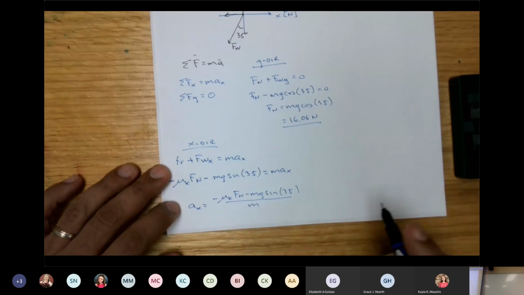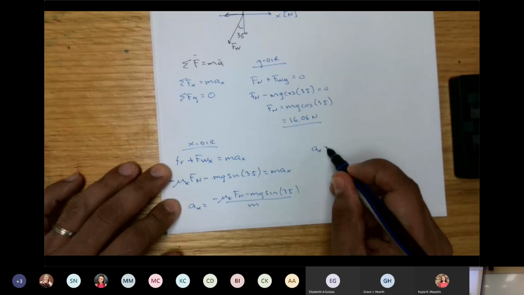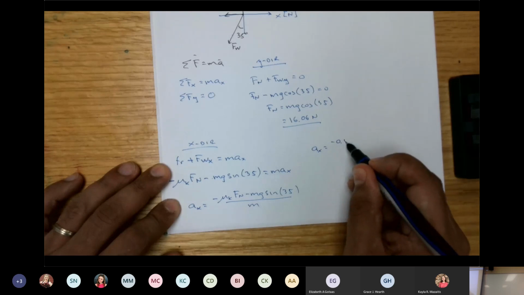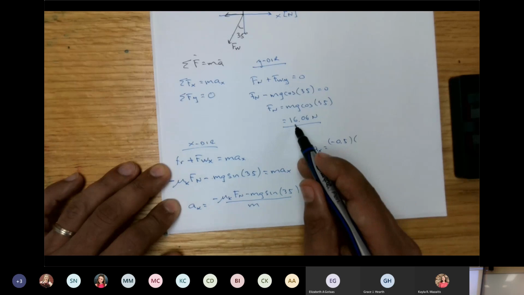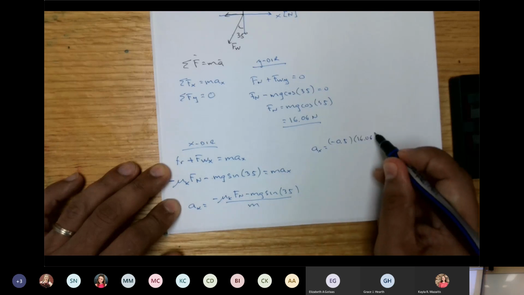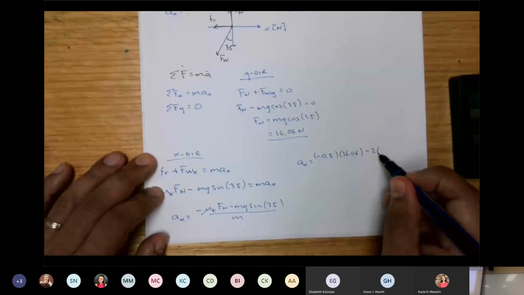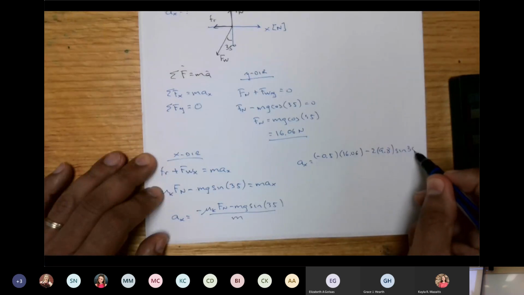I'm going to substitute values. So the acceleration is going to be negative 0.5 times the normal force, the one that I calculated, 16.06, minus 2 times 9.8 sine of 35, over 2.